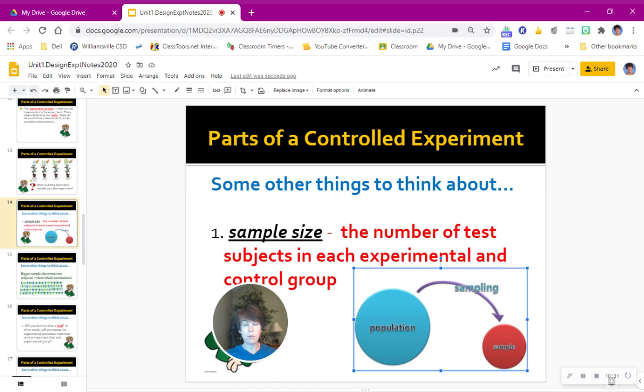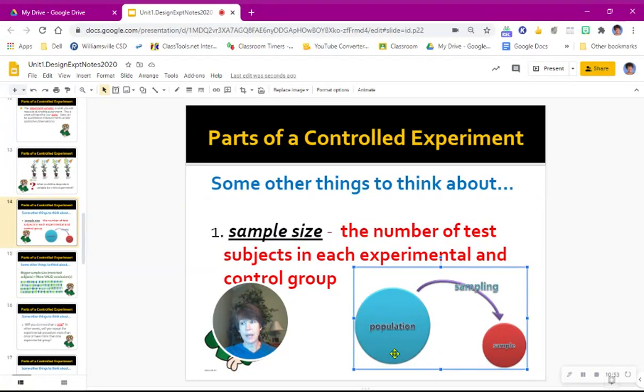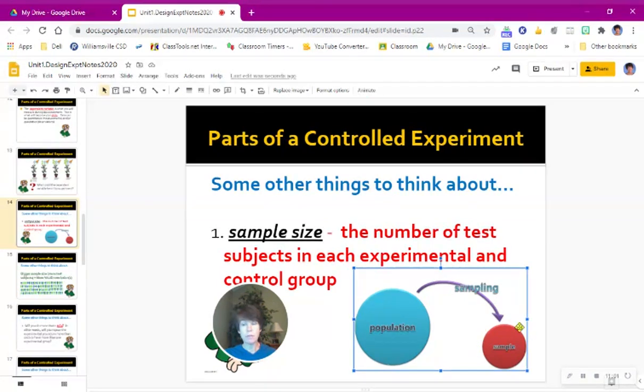So we want to have a large enough sample size that it represents the larger population as best as possible. So the larger our sample, the more representative it will be of our larger population. So in essence, then bigger here is always better. The more test subjects we can have, the better our result is going to be.